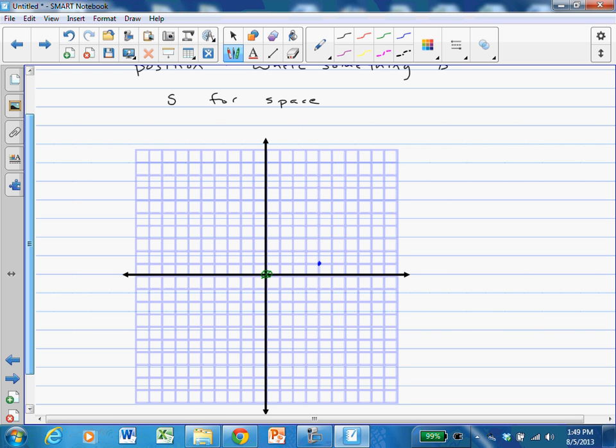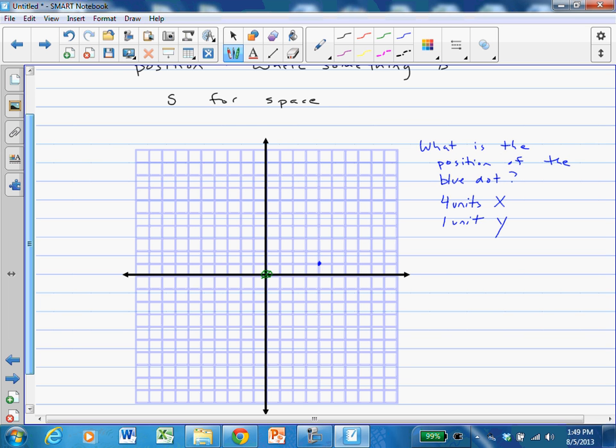That would be the position. What is the position of the blue dot? And the position would be 4 units in the x, 1 unit in y.